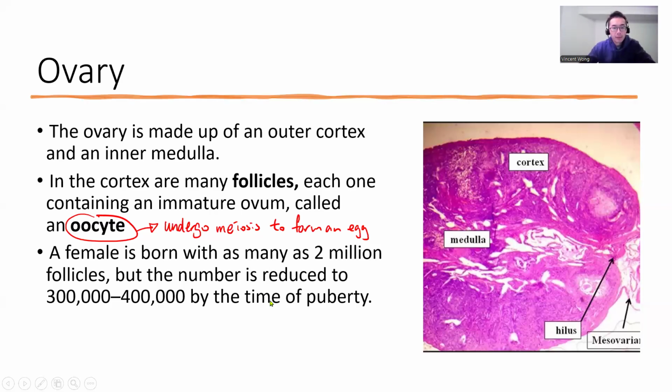And by the time they reach puberty, even though they started with as many as 2 million, only a fraction of it would be left. But this is still more than enough for the lifetime. And in each cycle after puberty, one follicle will develop into a fully mature egg. And we're going to learn about that process shortly.